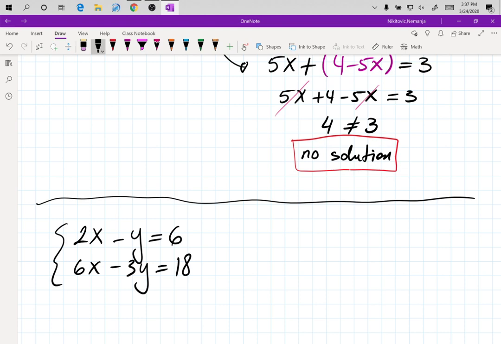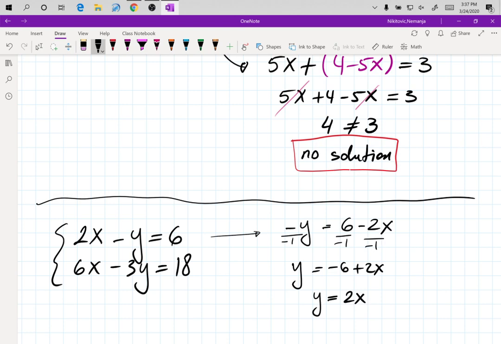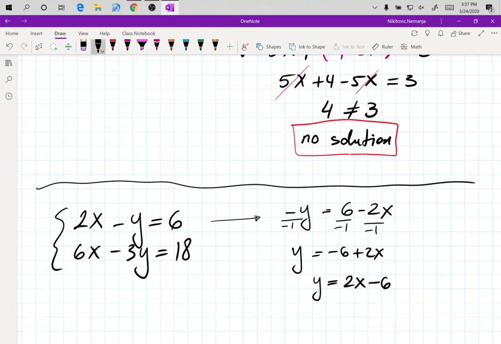Well, we are looking for y by itself, so negative y is equal to 6 minus 2x. We take away 2x on both sides, trying to get y alone. Divide both sides by negative 1 and get y equals negative 6 plus 2x. And just to flex a little bit, put 2x minus 6, it's better, right?